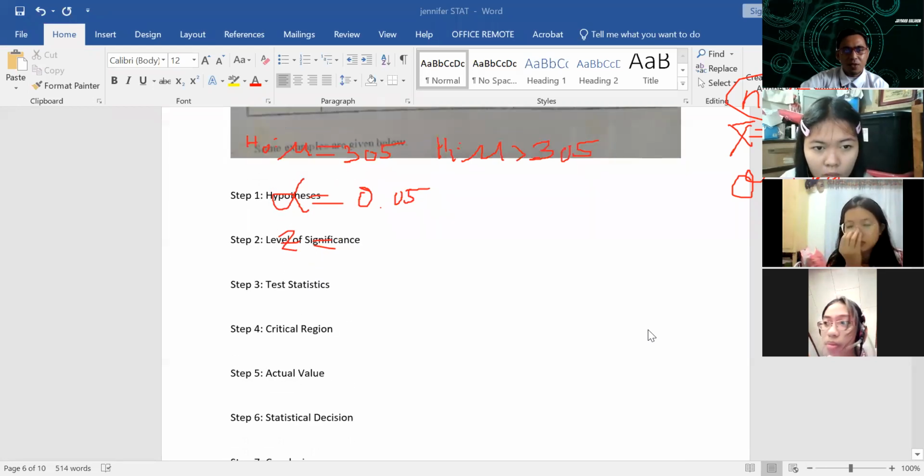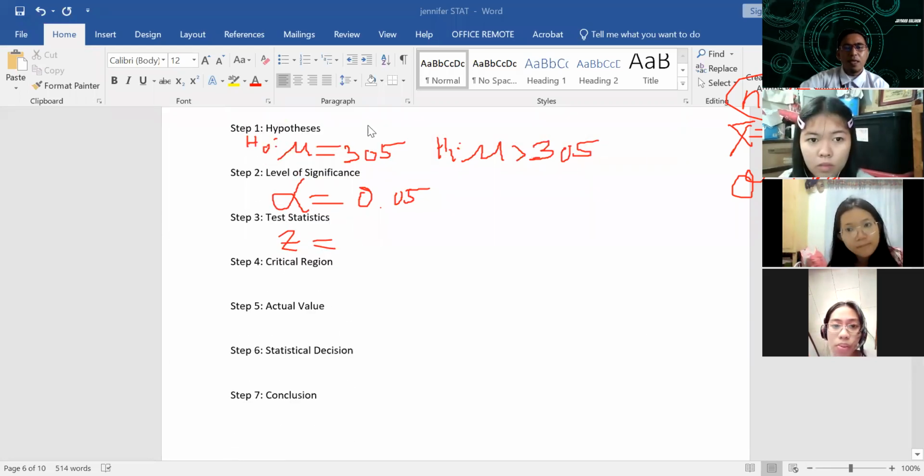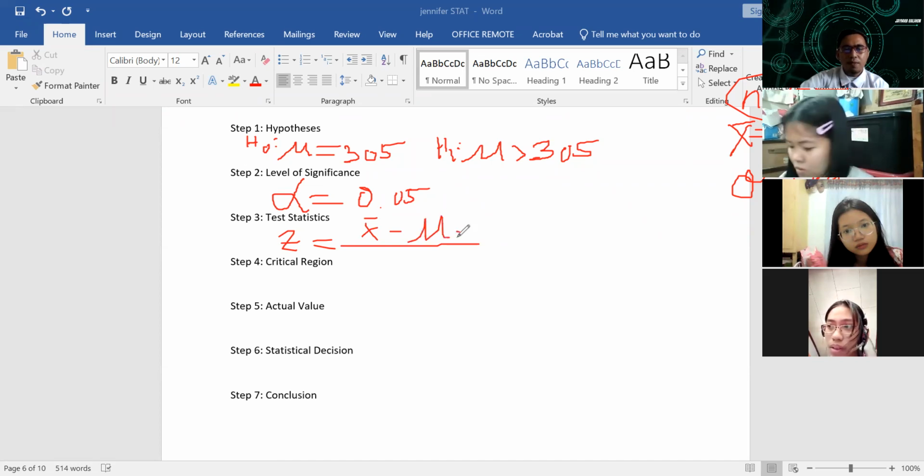Again, it is Z equal to the sample mean minus the claimed mean, all over your population standard deviation, all over the square root of your n.